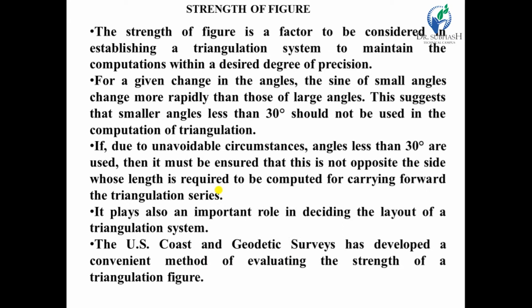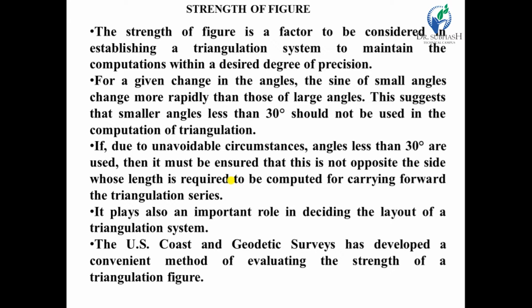This suggests that smaller angles less than 30 degree should not be used in the computation of triangulation. If due to unavoidable circumstances angles less than 30 degree are used, then it must be ensured that this is not opposite the side whose length is required to be computed for carrying forward the triangulation series.